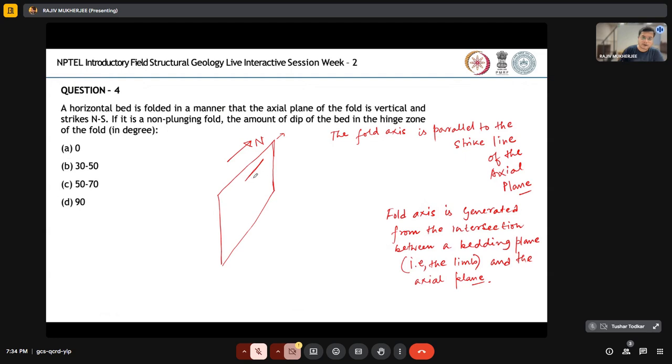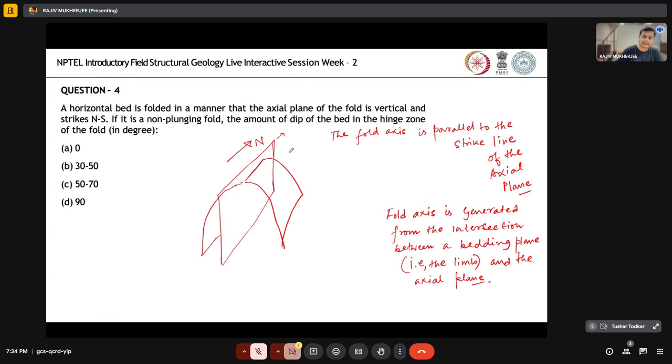So if this is the fold axis, then we can say that the fold is passing like this, right?